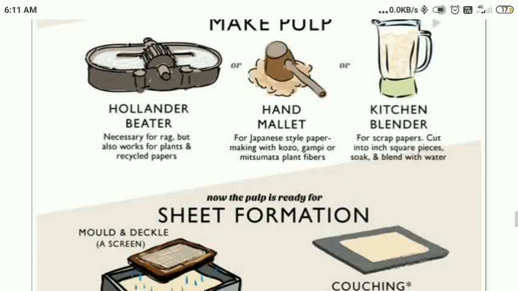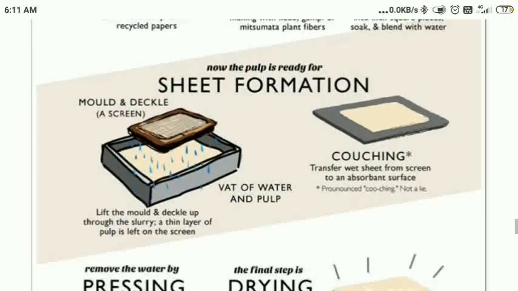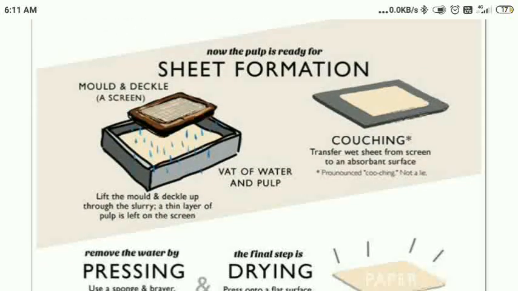This is just for understanding that using various things they created pulp, the paste-like thing, and after that they spread the paste and pressed it to reduce its thickness, and then they left it for drying.